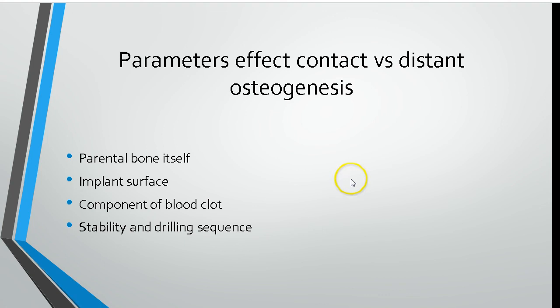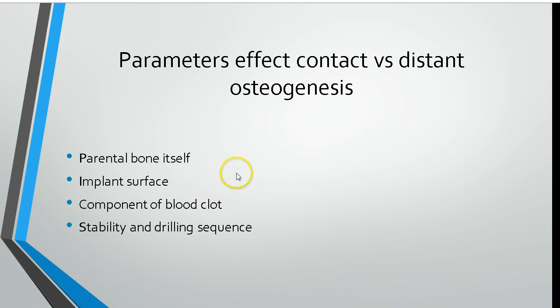So looking at the implant you're using, make sure the rough surface is inside the bone at the crestal level and the smooth part is on the outside, depending on which implant company you're using. Then the components of the blood clot: obviously the platelets have to be functional. Patients with platelet issues could be compromised.